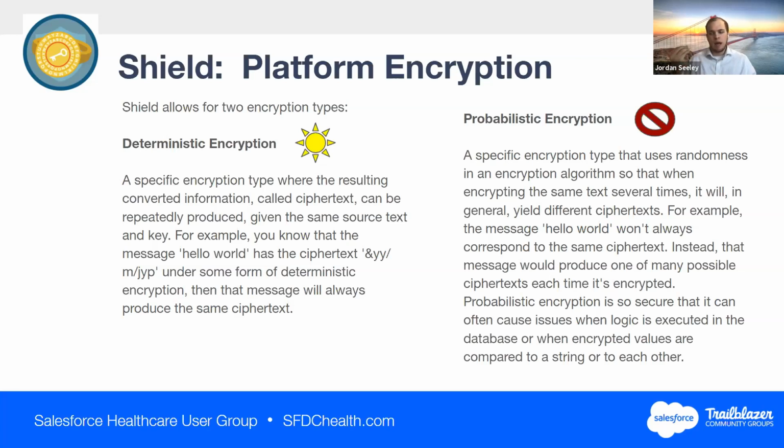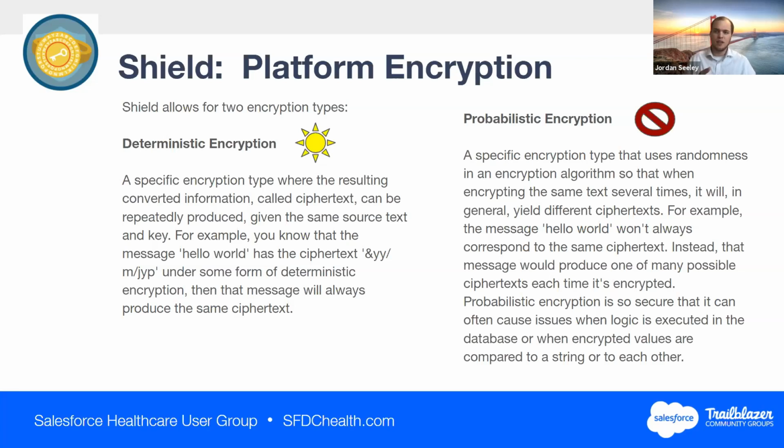That random encryption is really powerful. But for some features and functionalities, it doesn't allow you to use that field as flexibly as you might like. So it's a great option if you need to be extremely secure, but there are some considerations that come with it.